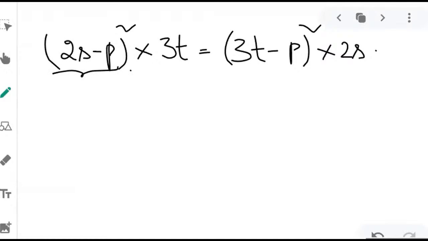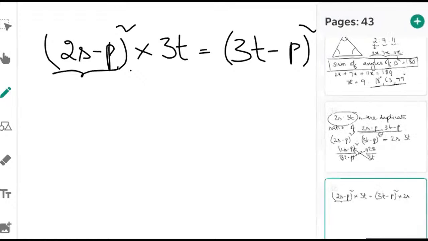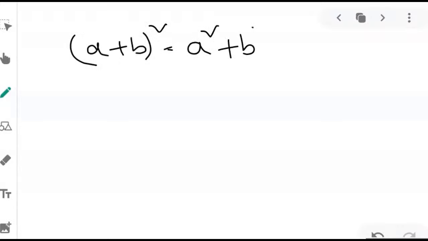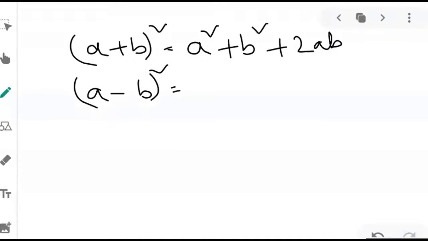So a minus b whole square is equal to? A square minus b square? Is it? Okay, back to basics in algebra. A minus b whole square is a square minus 2ab plus b square. Okay, we'll write this first.